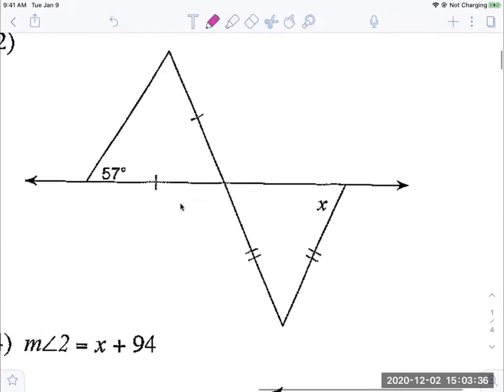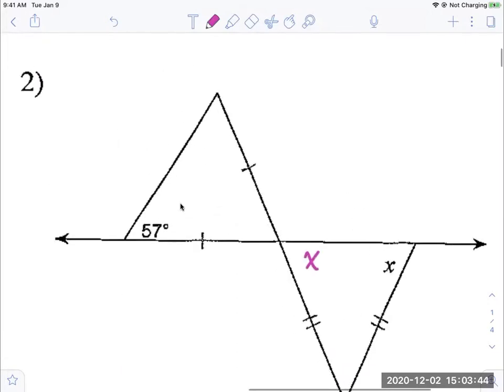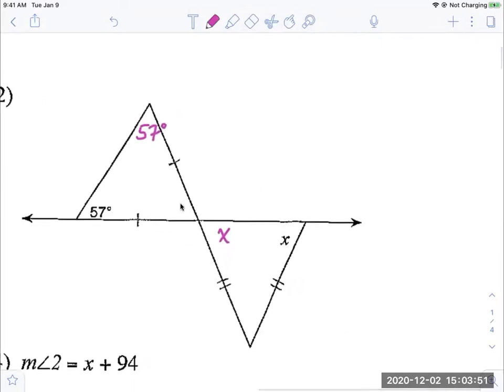Okay, this triangle on the bottom here is isosceles, which means that angle measure is going to be an x. And then the top triangle here is isosceles, so the base angles there are congruent. That's 57. Because those are vertical angles, that's also x.